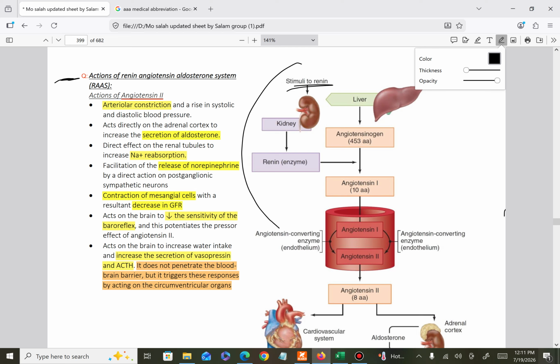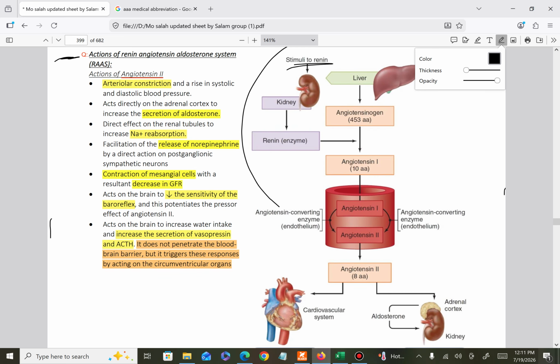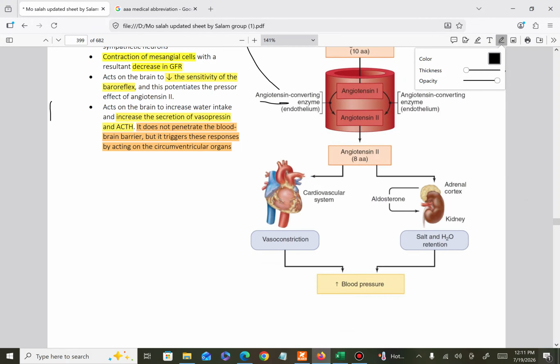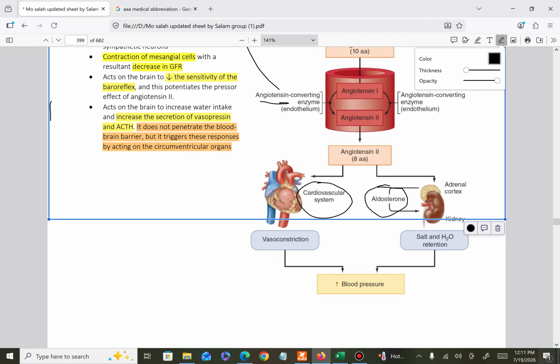The kidney produces renin, which is an enzyme. It converts angiotensinogen to angiotensin 1, and then angiotensin 1 is converted into angiotensin 2 by angiotensin converting enzyme. Angiotensin 2 acts on the cardiovascular system. It also stimulates the release of aldosterone.